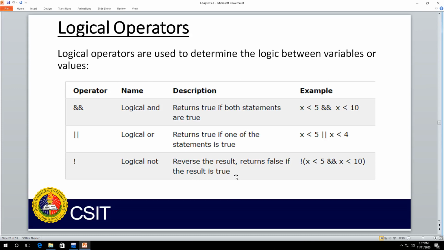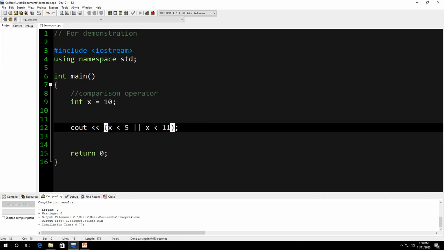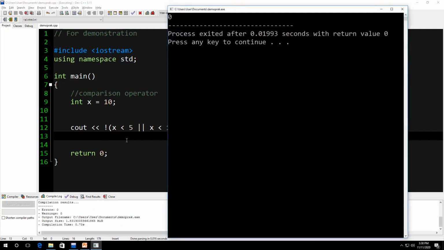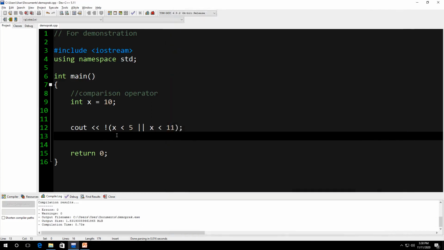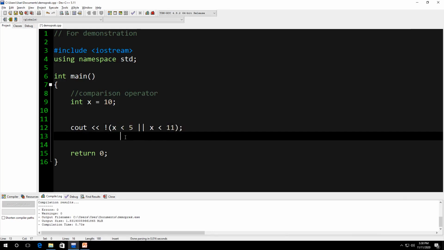If the result is true, it will give you false. If it is false, it will give you true. So for example, this one, we put the NOT operator there, and we try it, it gives you false. And why? So let's try this. Is x less than 5? Yes. And then OR, is x less than 11?